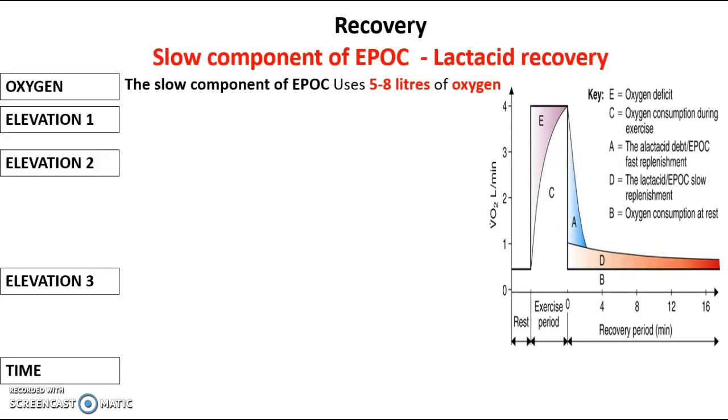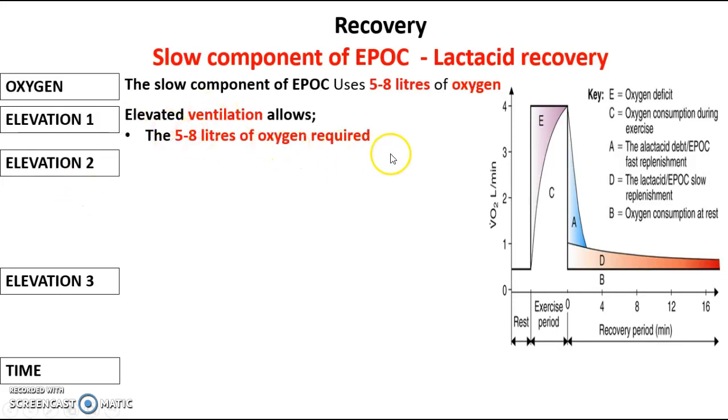Now, in order to really get the difference between the fast and slow component, we have to look at the specification reference, the elevation of 3 things, and I've talked about them a little bit before. To enhance this slow component of EPOC, the elevation of 3 key things is vital to our recovery process. The first elevation refers to the elevated ventilation rate, or our breathing rate or respiratory rate. That's massively important because the ventilation or breathing rate fuels the 5 to 8 litres of oxygen required for our slow component of EPOC.